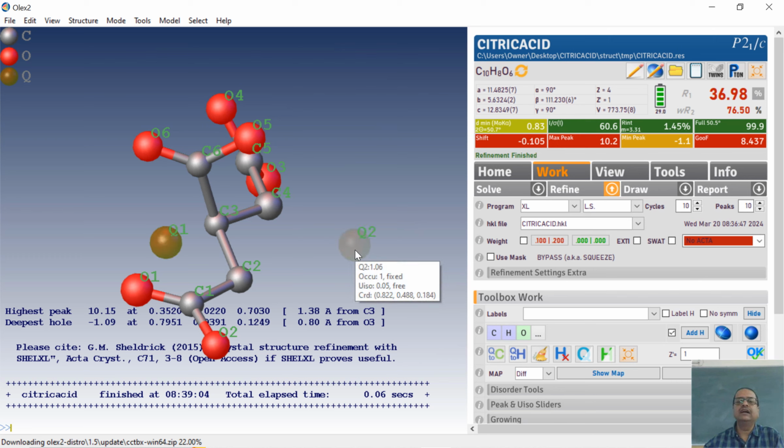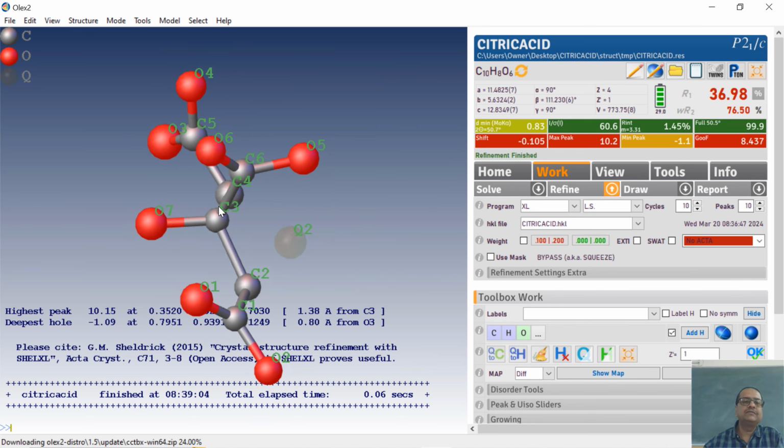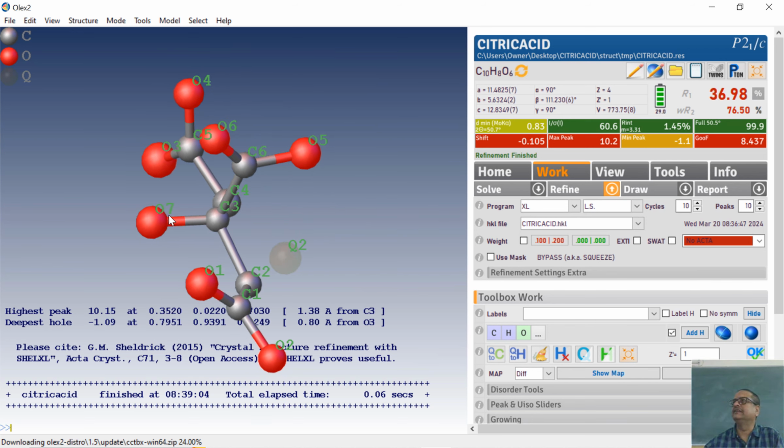So number 2 has electron density only 1.06, and that oxygen which we originally thought is not there is there at a high electron density. So identify that and mark it as oxygen, and by default it gets the name O7.